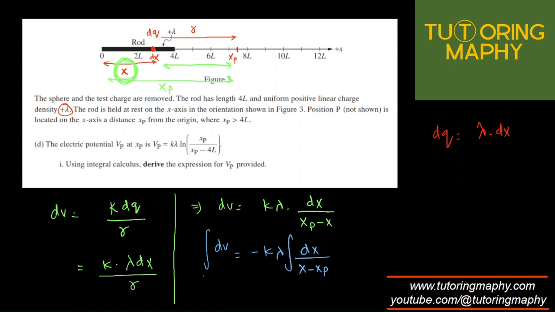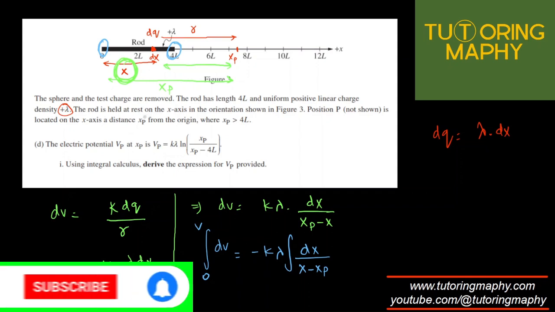This is nothing but the change from some 0 to V. That's what we need. And this position, this x is going from 0 to 4L because that's where we are stopping, right? That's where the total charge is concentrated to. So this is going from 0 to 4L.